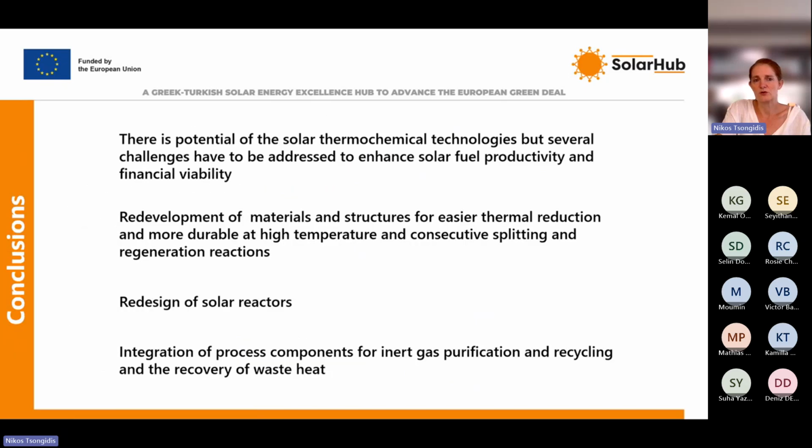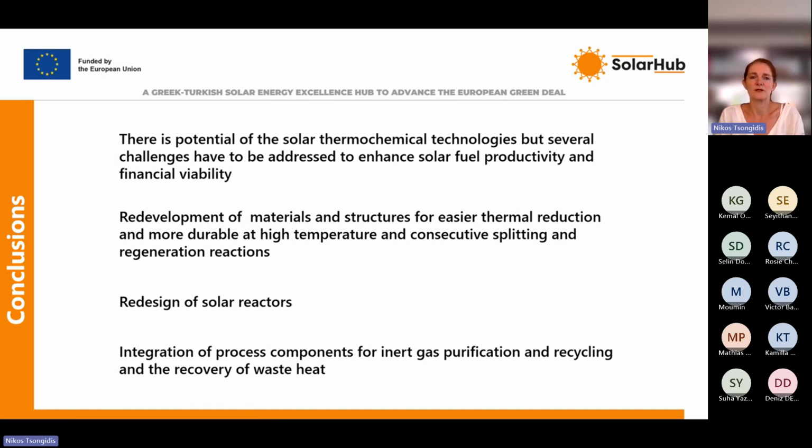And to conclude, we can recognize that there is a great potential of the solar thermochemical technologies, but there are also several challenges that need to be addressed.